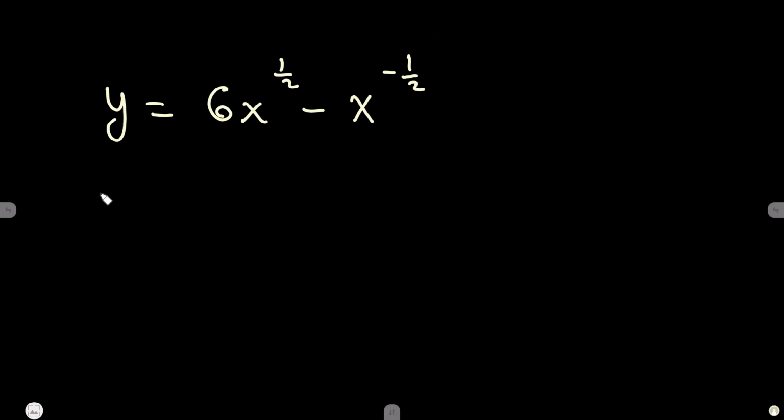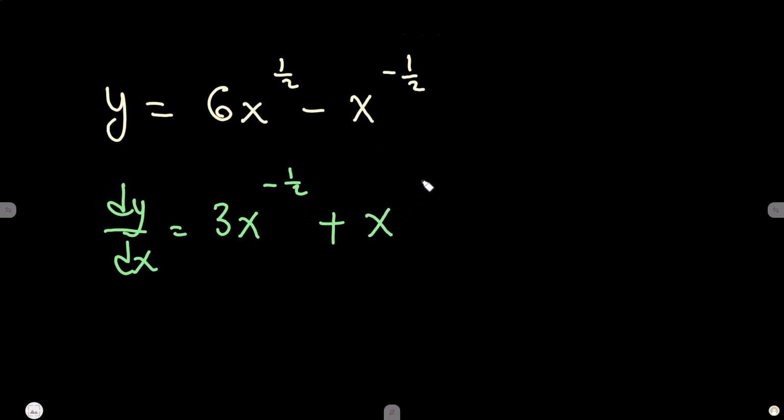So you might just go straight to dy/dx, which is half multiplied by 6, that's going to give you 3x, and you subtract 1 from the power, half minus 1, and that will be minus half. And here you have minus, because minus half times minus 1 is definitely positive.